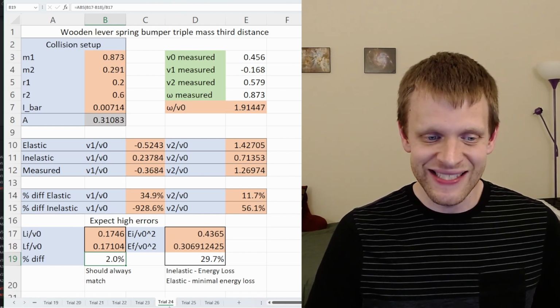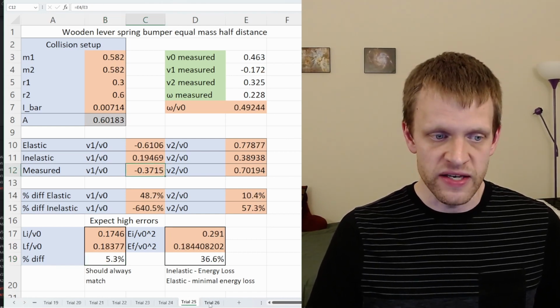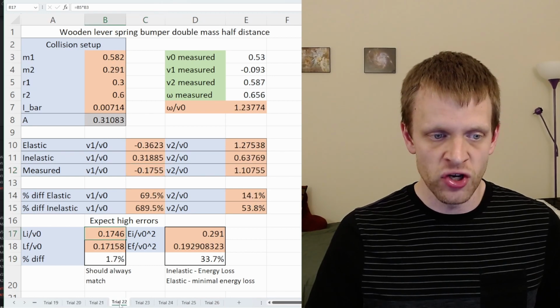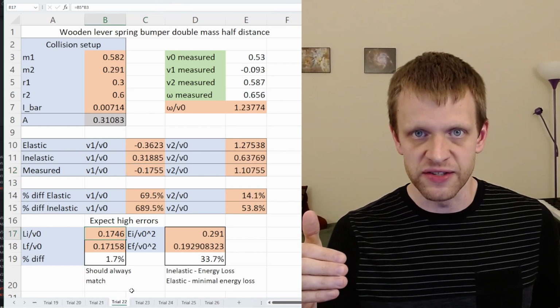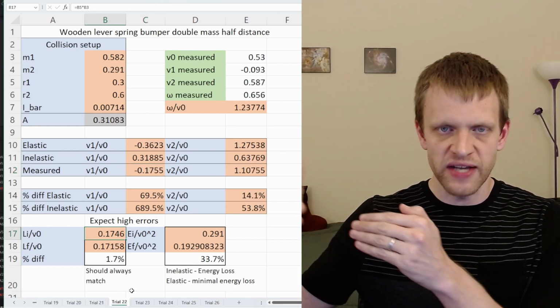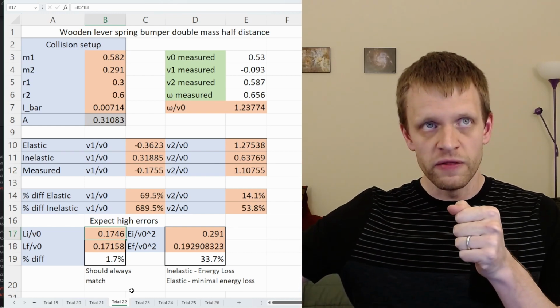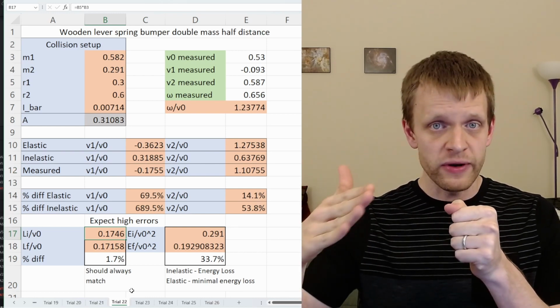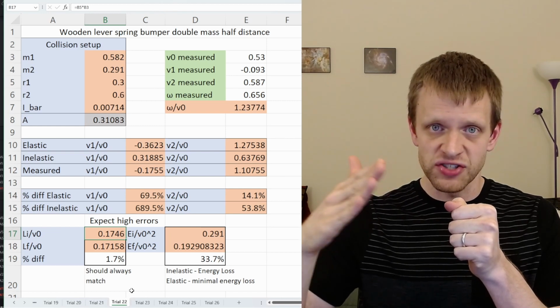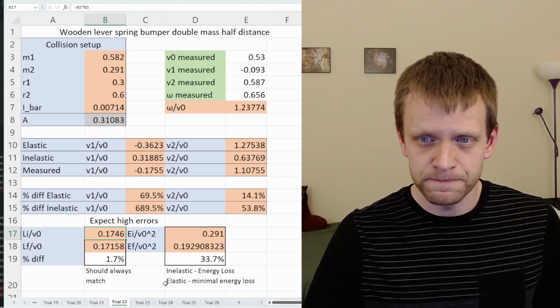There was only a single trial where they were off by more than 10%, and it was just over 10%, and that was the case where the cart was very, very close to the lever, so it was very sensitive to small changes in that position.